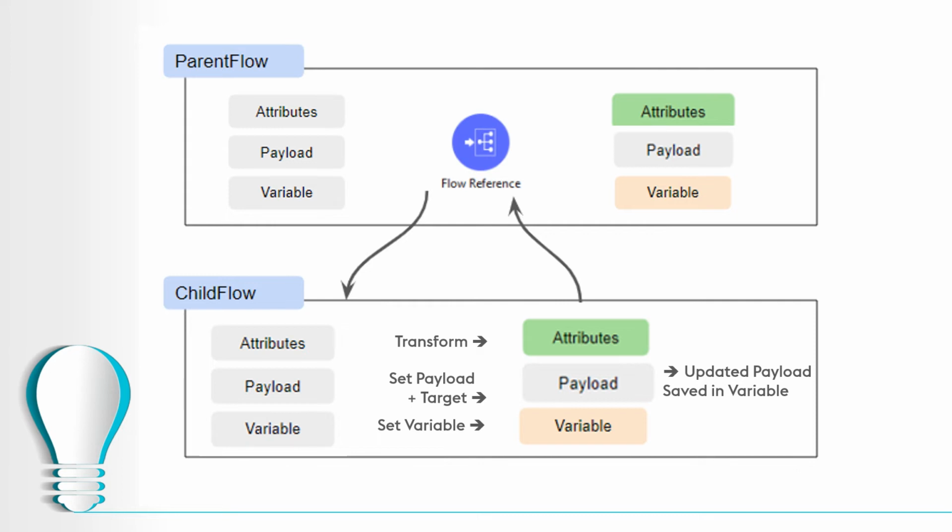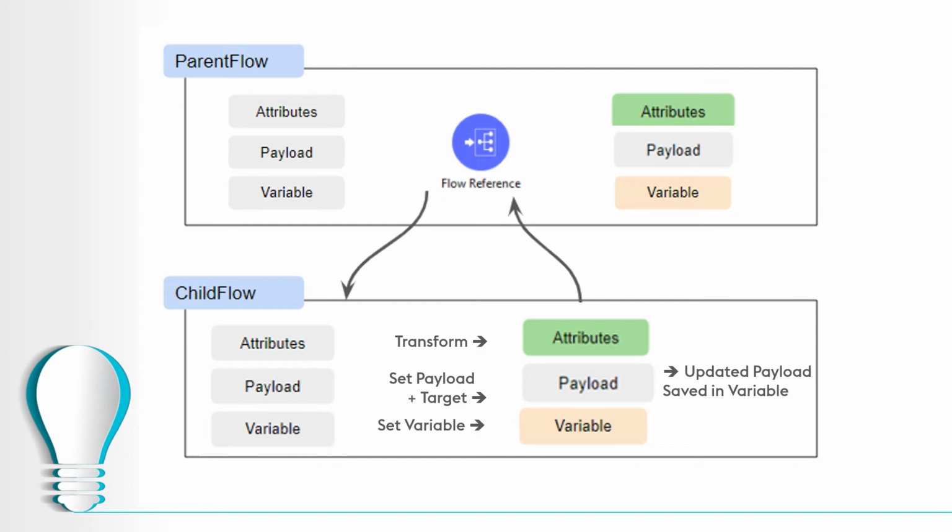So there can be so many permutations and combinations in the exam on this one. If they send all these values and they just update set payload and save it in a target variable, but they do not use transform, they do not use set variable, then all these three values will be accessible in your main flow after flow reference as is. Nothing will be changed.